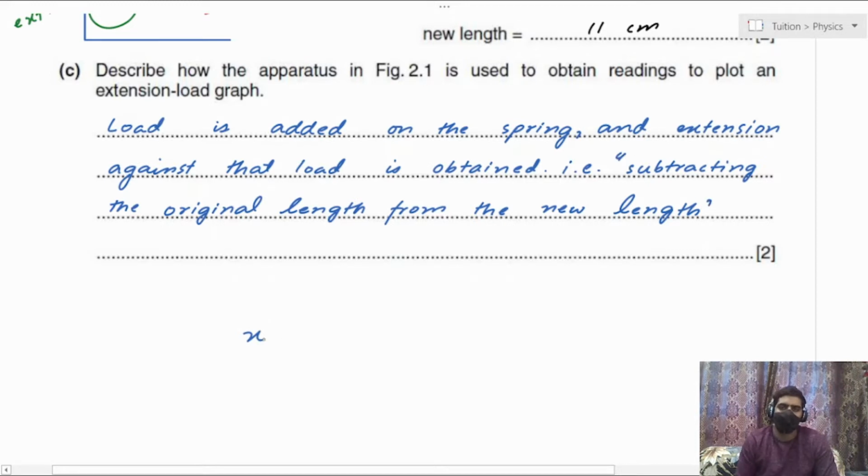All right, in that quotation mark, I've been describing this formula: L n minus L naught. Extension equals the new length minus the original length.